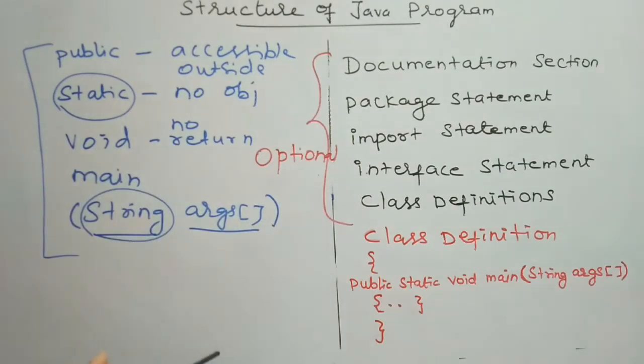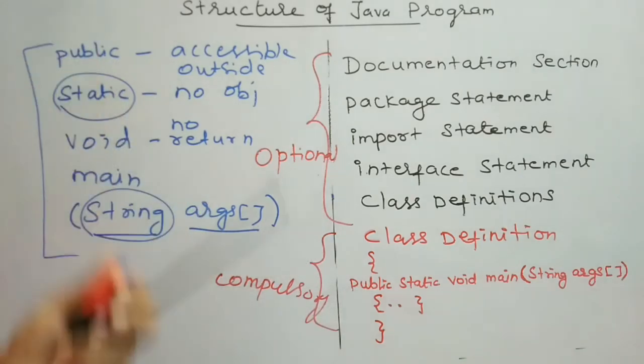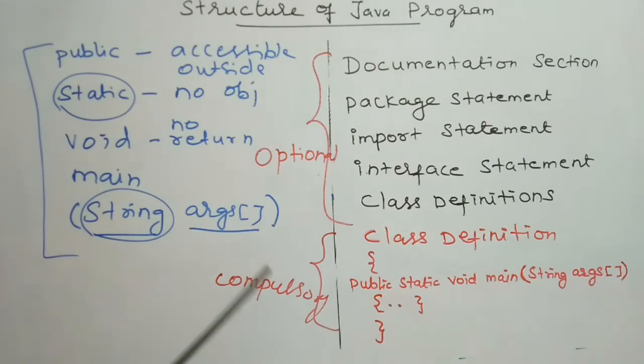Which one is compulsory is one class definition which contains the main method, or a single class definition is the compulsory part. Okay, if I have a Java program, it should contain a class definition, or else a class definition which encloses this main method. That is the compulsory one. All the others are optional.